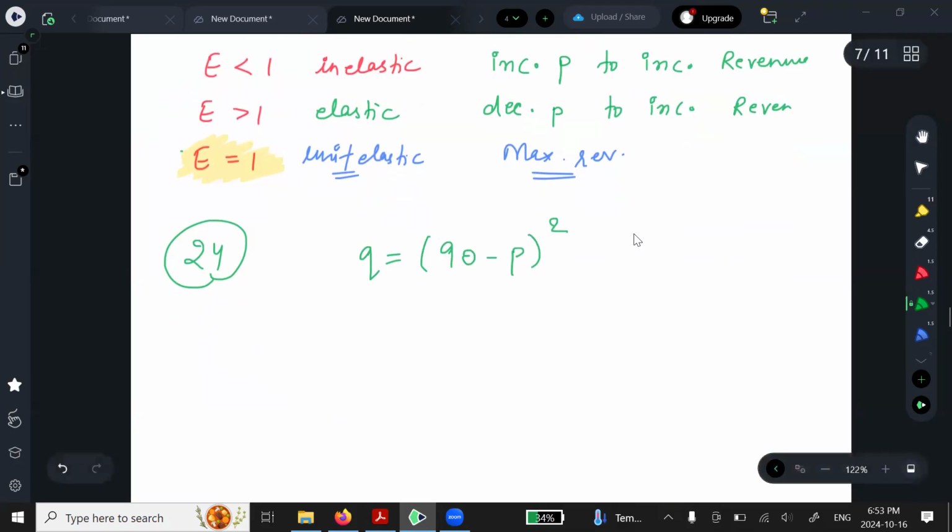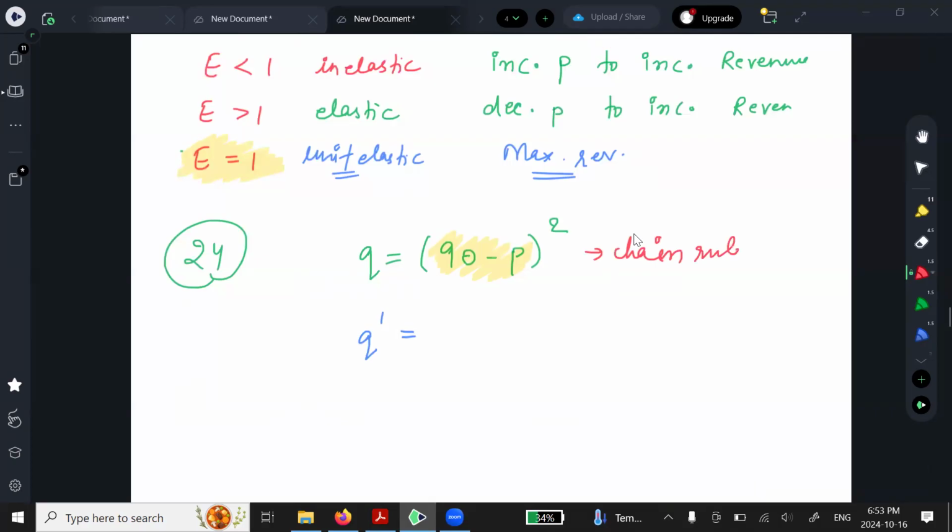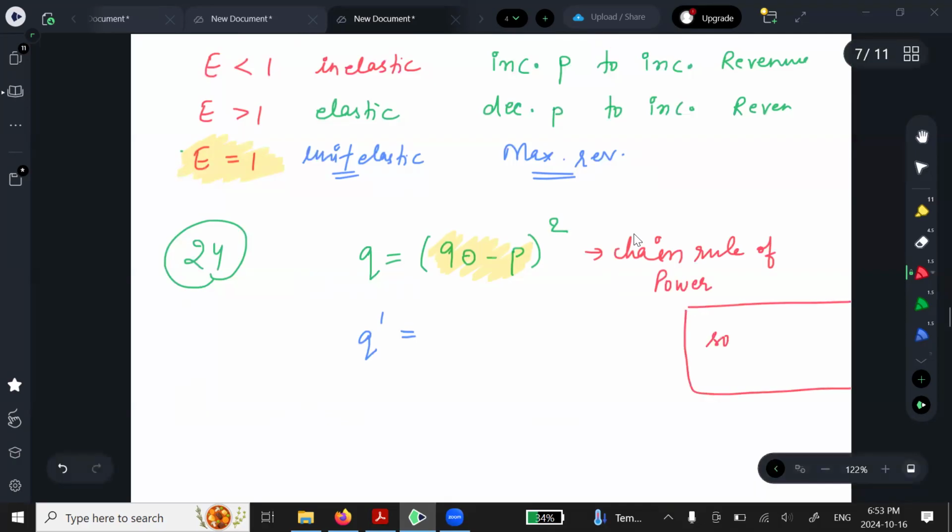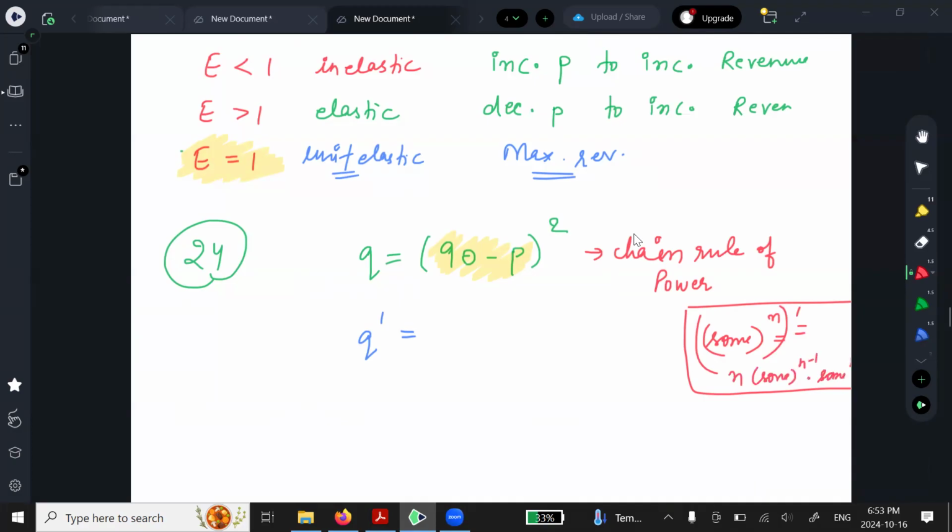Well, first you have to find Q prime. How do you find Q prime? This is chain rule of power rule. Do not FOIL the bracket here. It's easier than that. If you have something to the power n and you want to differentiate that, you take the power out, copy something, reduce 1, multiply by something's derivative, right?